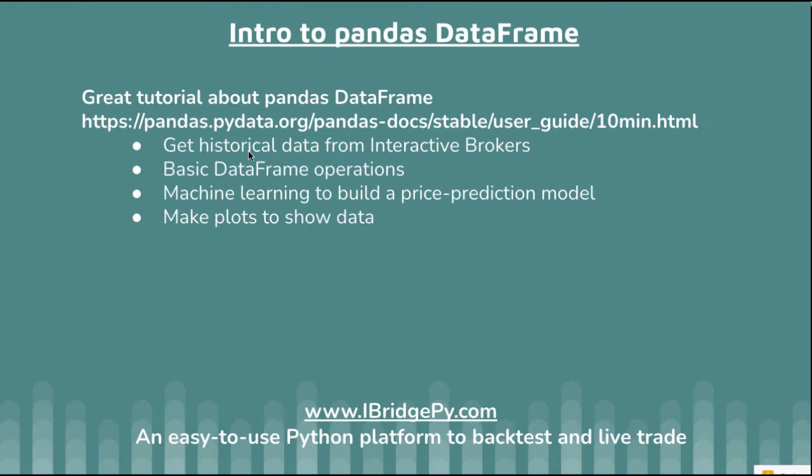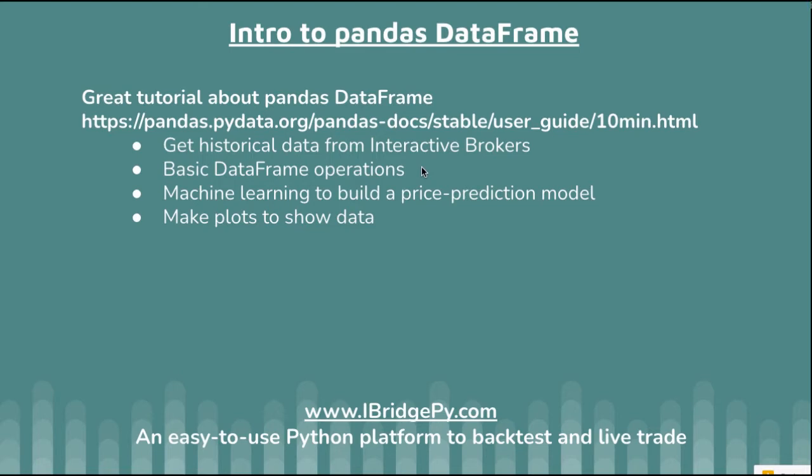The first one is I will use Jupyter Notebook to run IBridgePy and then get historical data from Interactive Brokers. Then I will get a Pandas DataFrame, which has the historical data of SPY, which is the ETF tracking the SP500 index. And I want daily bars going back 1 year for a basic data analysis job.